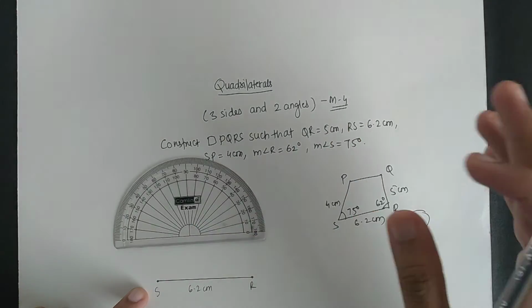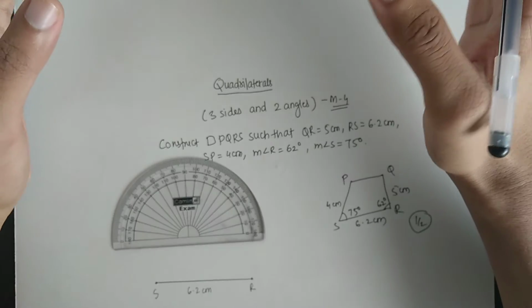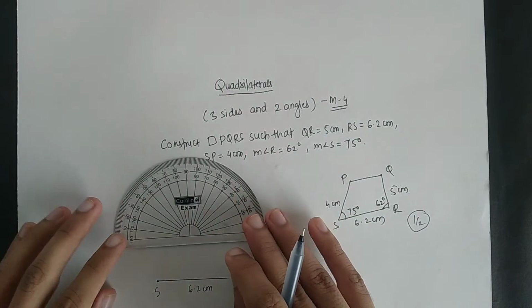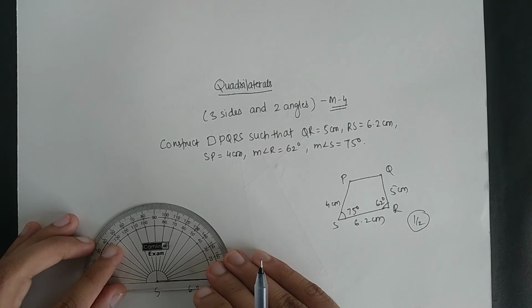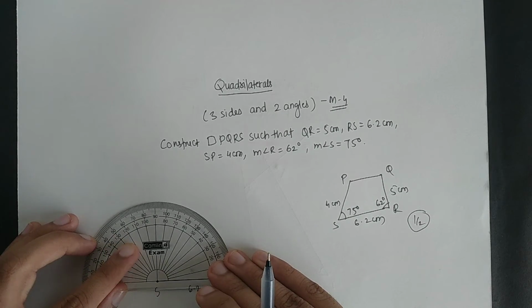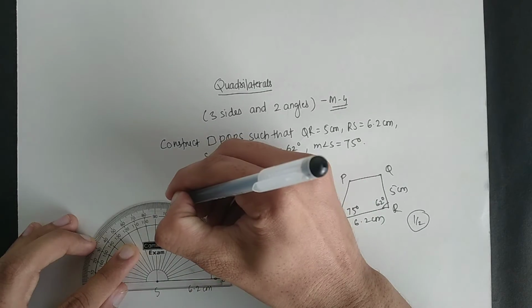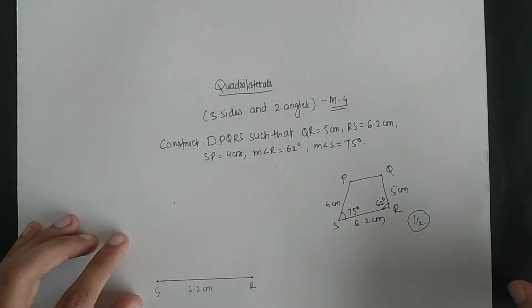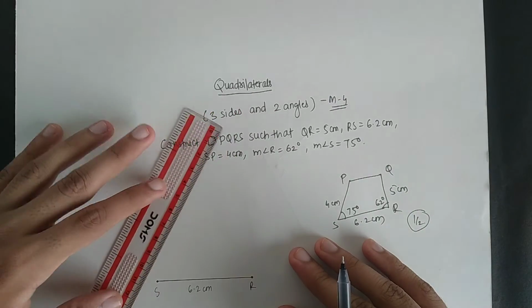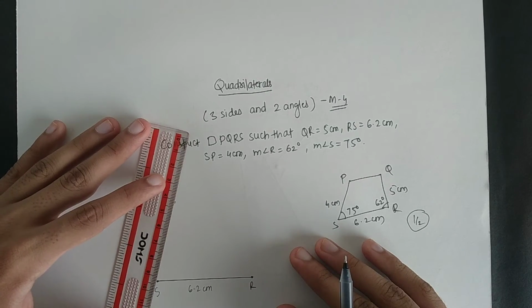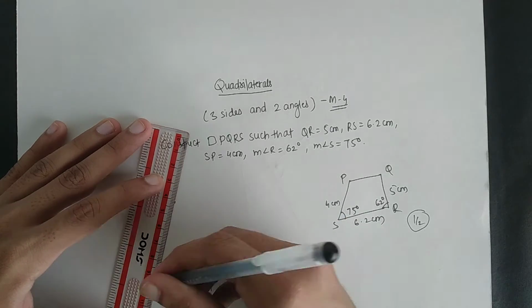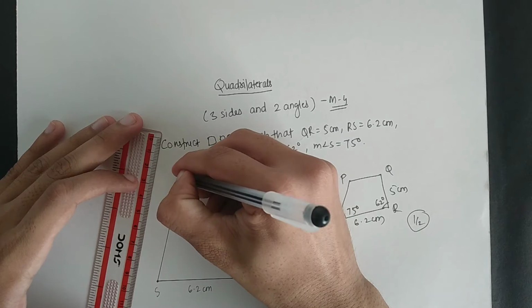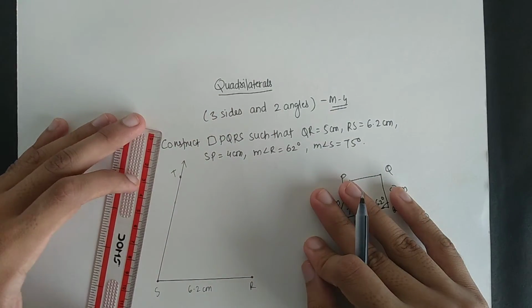Now again I'm going to draw the two angles, angle S and angle R. Angle S is given, which is 75 degree. So let us draw this angle 75 degree, and I will draw the ray from point S, and I will name it as ST.